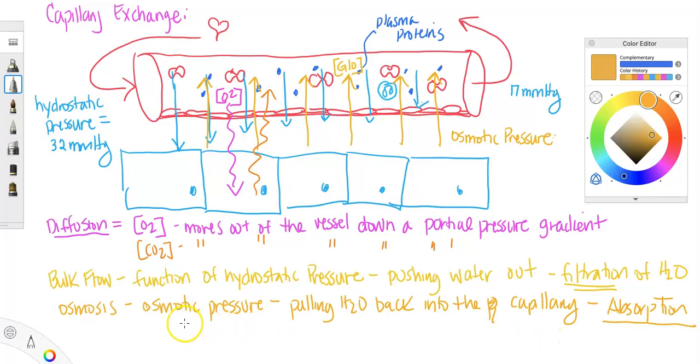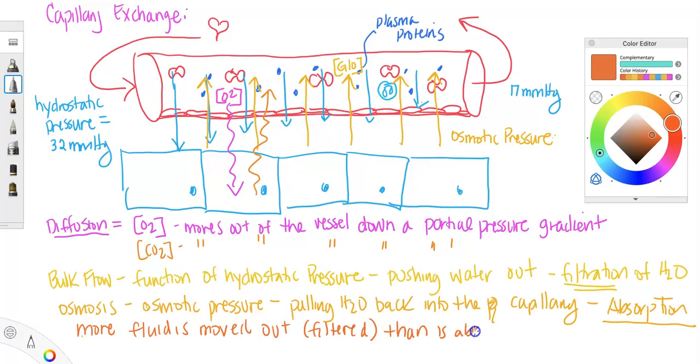Okay, so in this scenario between diffusion, bulk flow, osmosis, and really between bulk flow and osmosis, more fluid is moved out or filtered than is absorbed or moved back in.